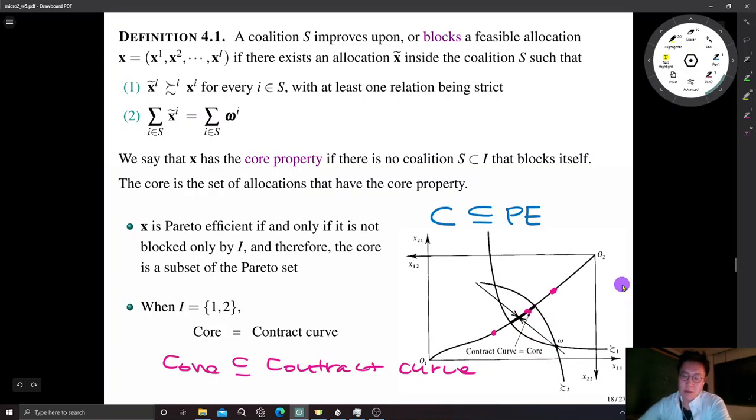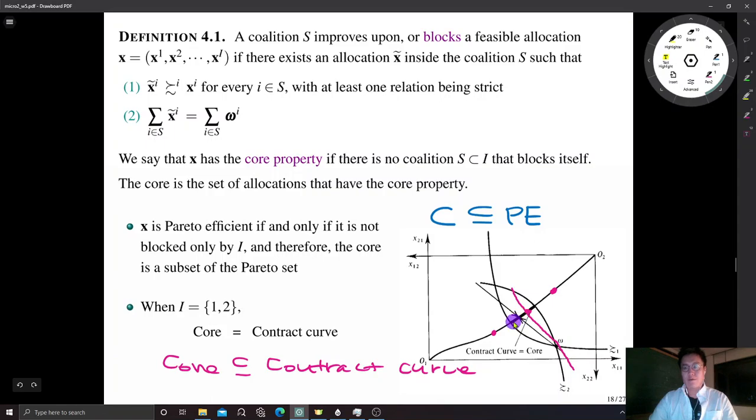If we connect these two, say like this, with omega, then you can easily check that with this price vector, the indifference curves tangent to this price vector, the MRS, are not equal to each other. So this is not an equilibrium allocation. The only equilibrium allocation is going to be this one.